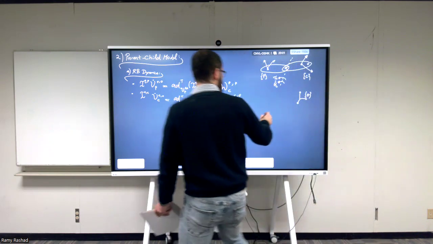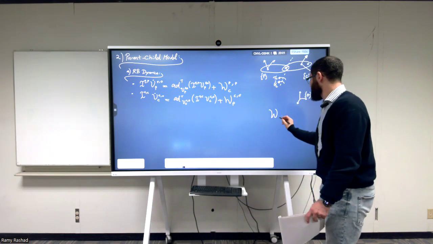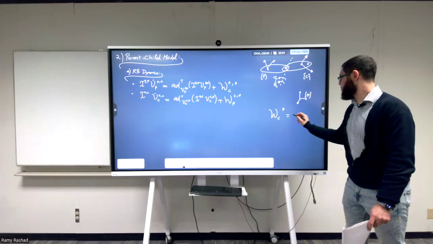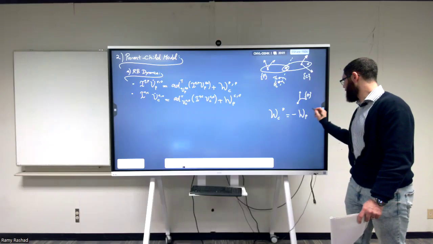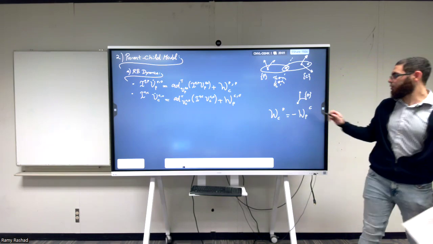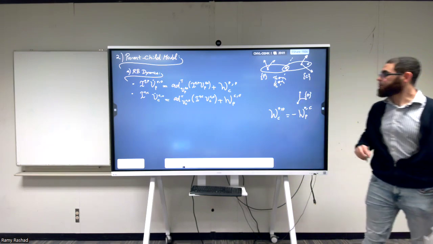We have that, let's write it here. The wrench of C applied on P is equal to minus the wrench of P applied on C. But they have to be expressed in the same frame, so this has to be in the star frame if this is in the star frame.